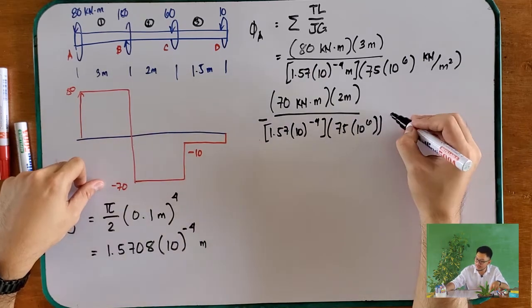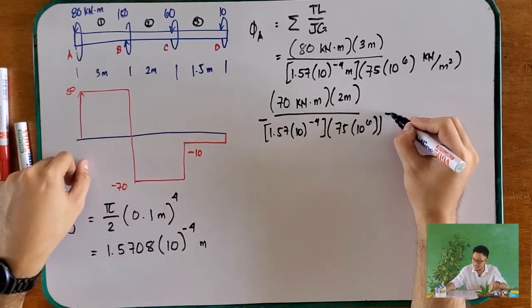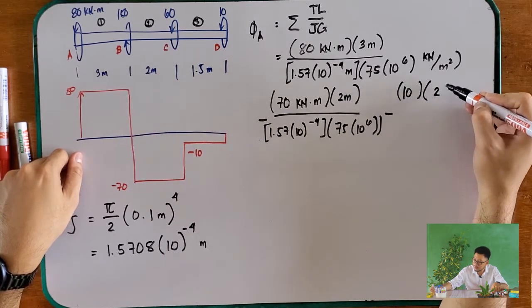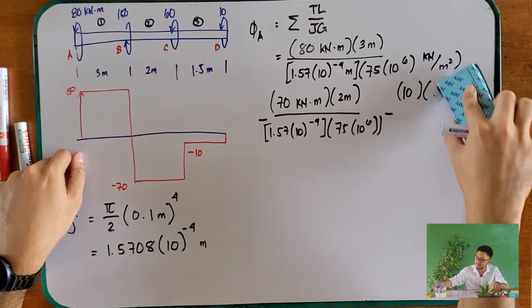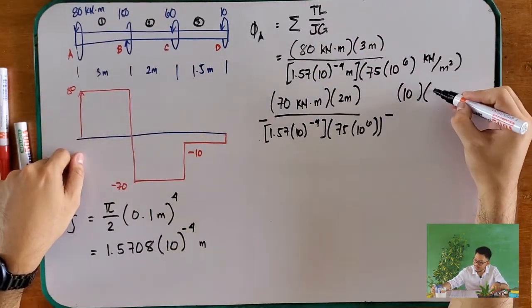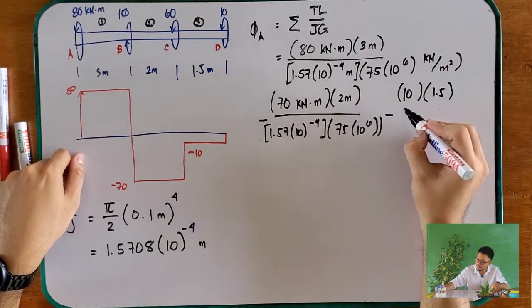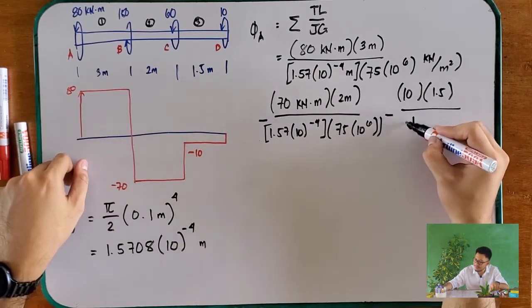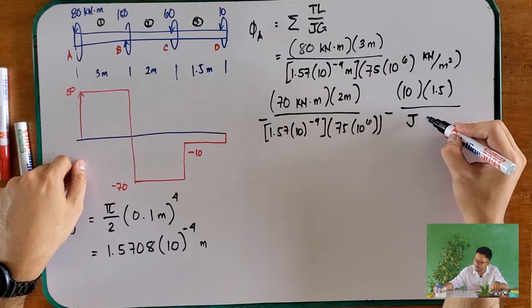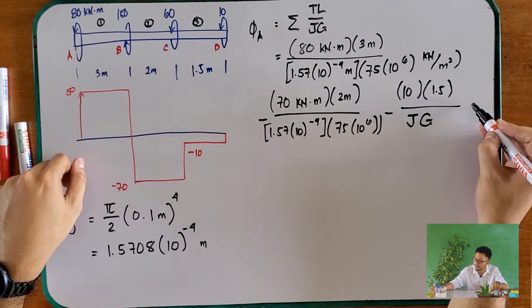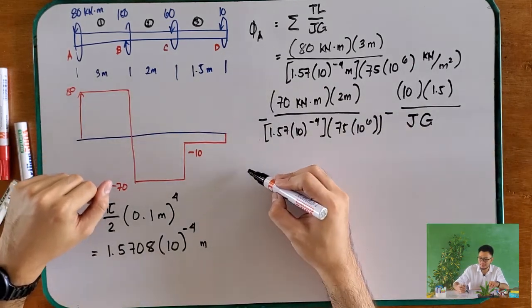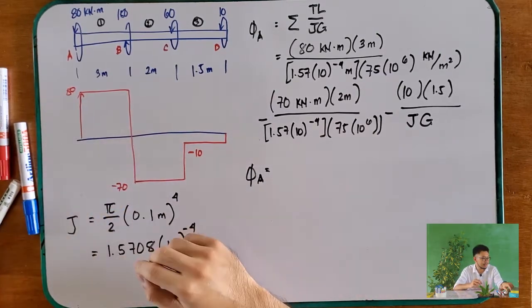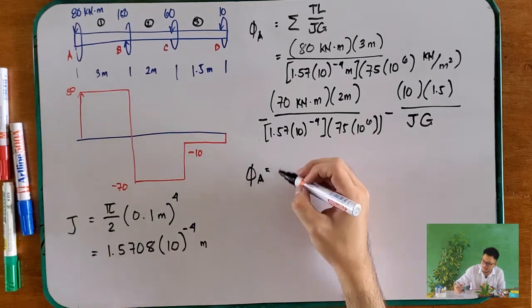Then last is negative gapon, so minus 10 times 1.5 over 1.57 times 10 to the negative 4 og 75 times 10 to the 6. Gitapulan na kang manong.